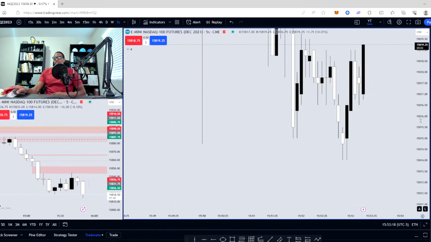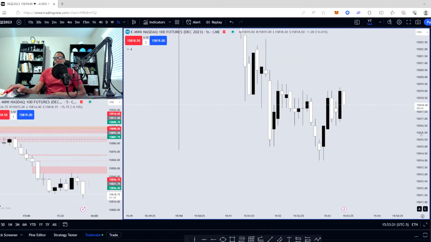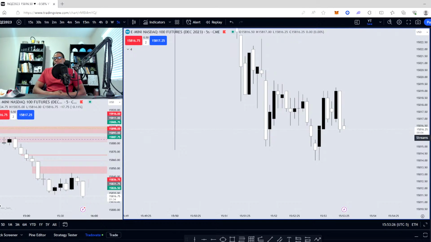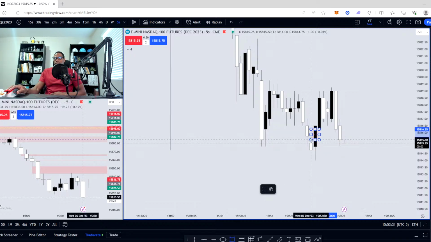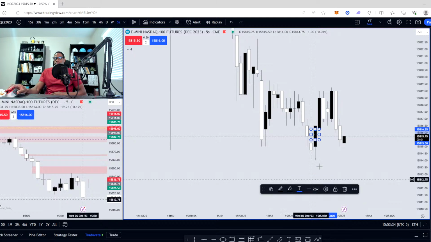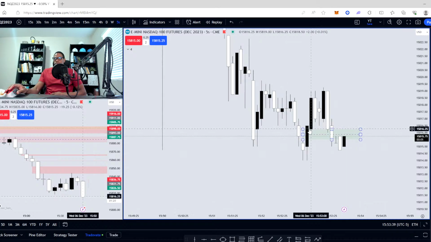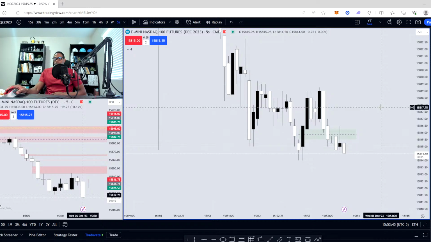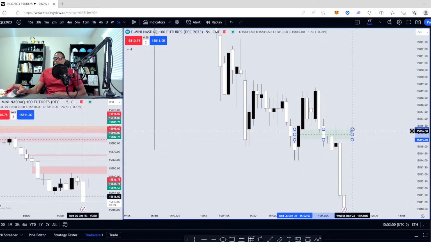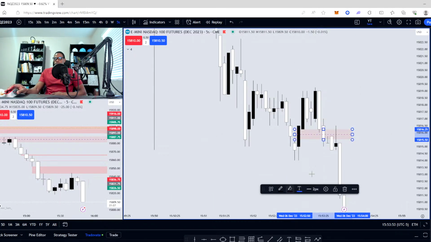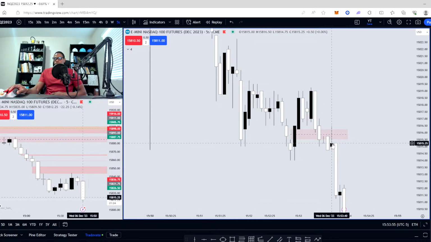Slow it down just a bit so we can see what's happening. 5 seconds. Yeah, we had a fair value gap. So we turn this into an inverted. Traded through but didn't close.